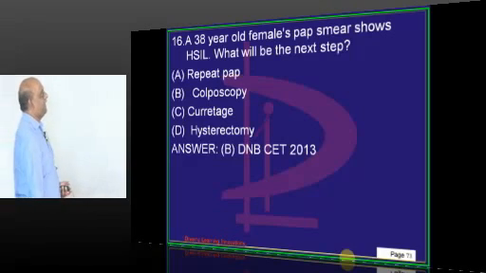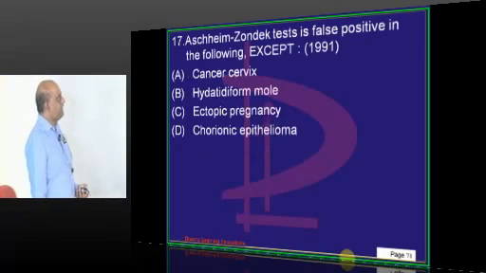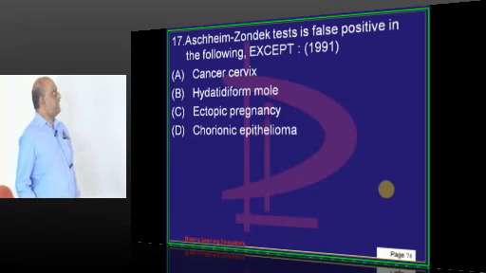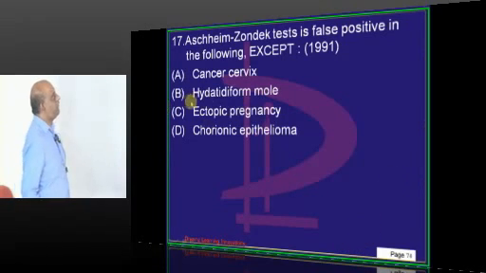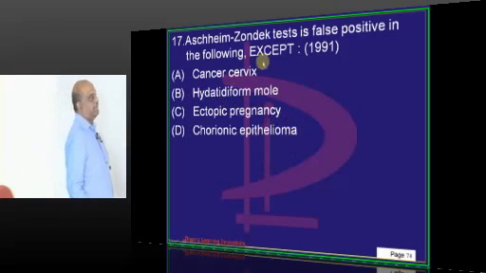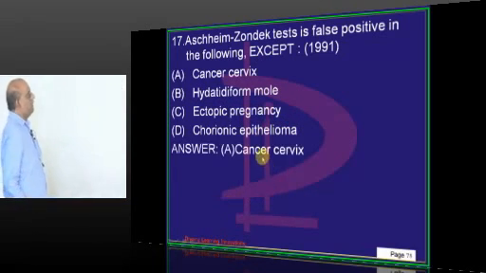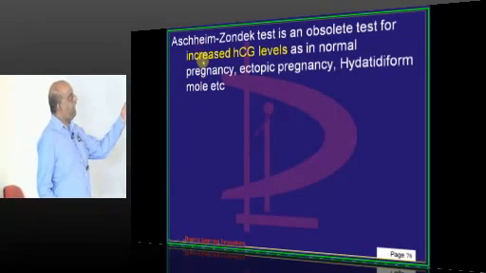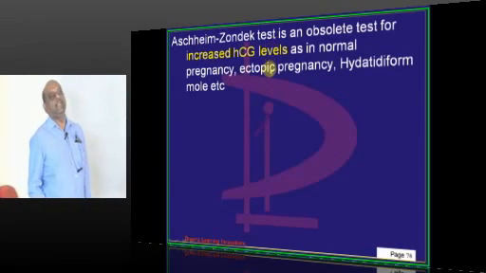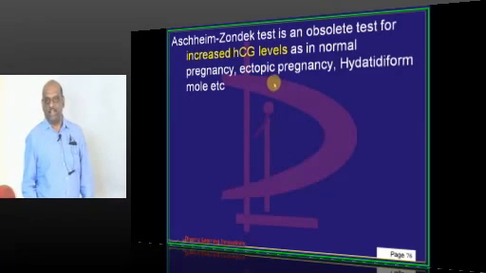Now doctor, we finish this question. Ascheim-Zondek test is false positive in which scenario? First of all, what is the test? So, basically Ascheim-Zondek is an obsolete, useless test, but still asked in entrance exams.